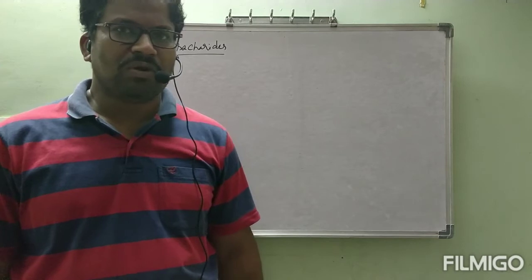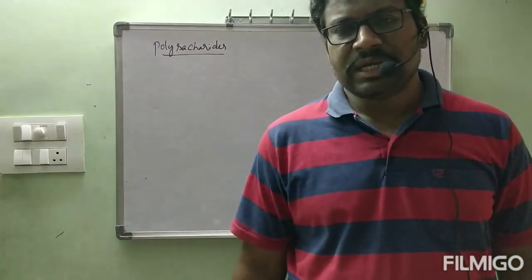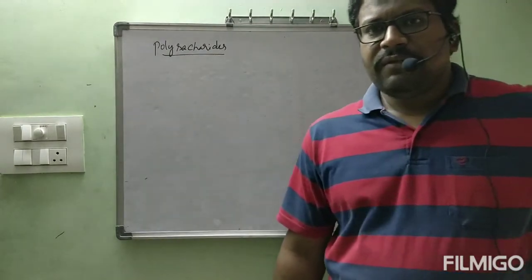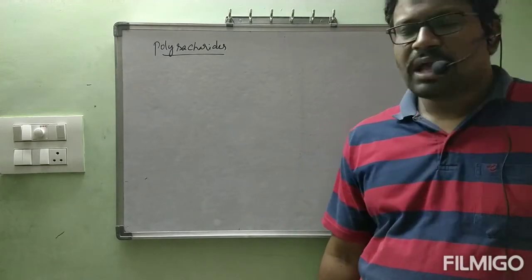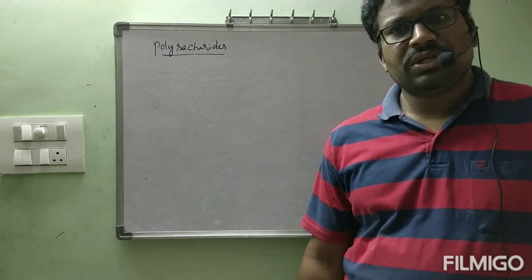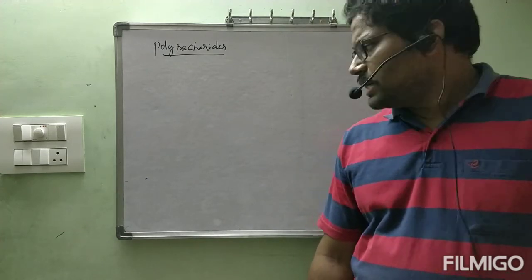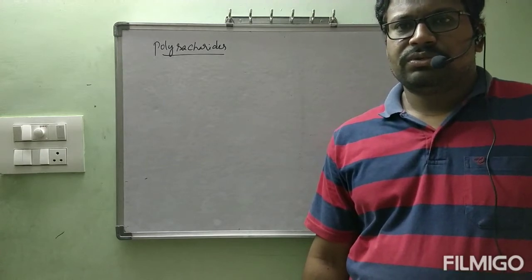If both anomeric carbons of the monomers are involved in the glycosidic linkage, then it is a non-reducing sugar. If any one anomeric carbon is free, then that is a reducing sugar. According to that, sucrose is a non-reducing sugar, and maltose and lactose are reducing sugars.